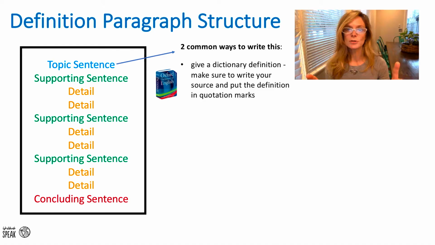First, you need to cite which dictionary you used, and like here, the Oxford Dictionary of English, and then you need to put that definition in quotation marks to show that it's not your words, that it's actually the words coming directly from the dictionary.